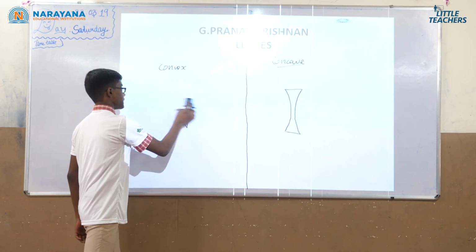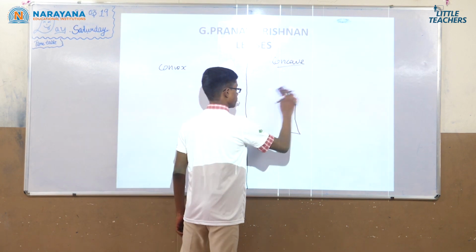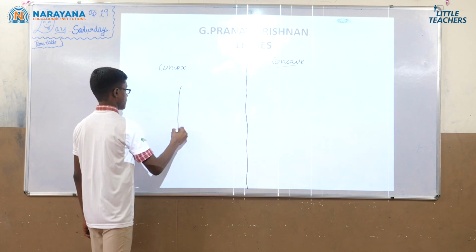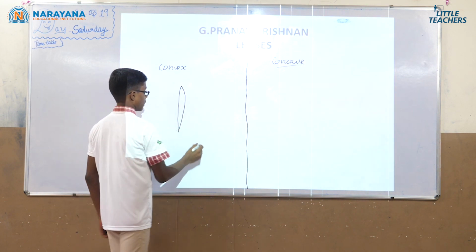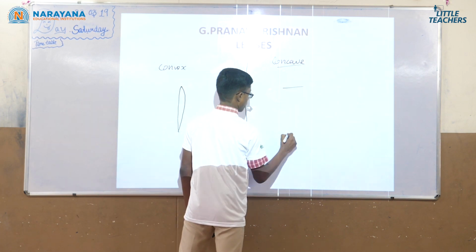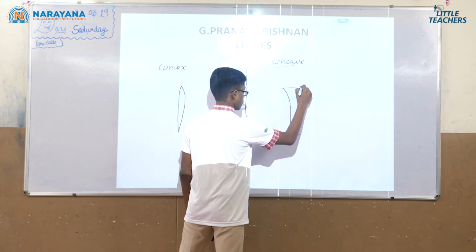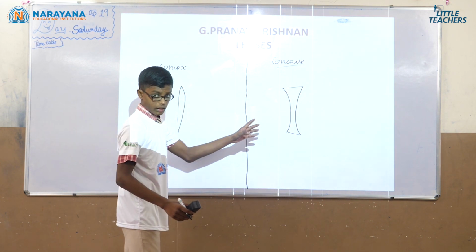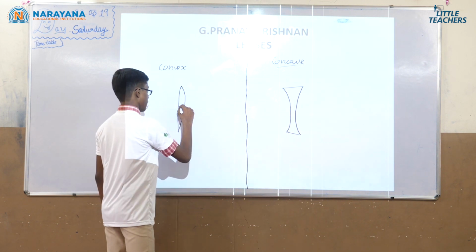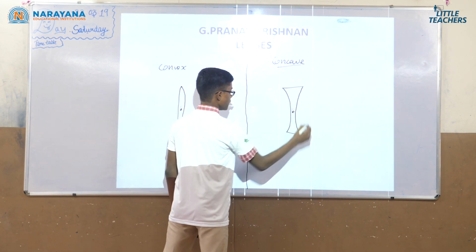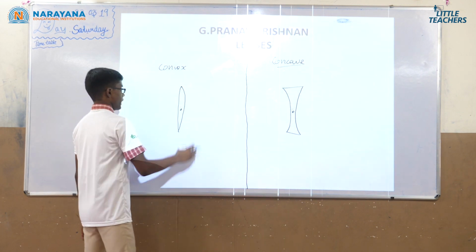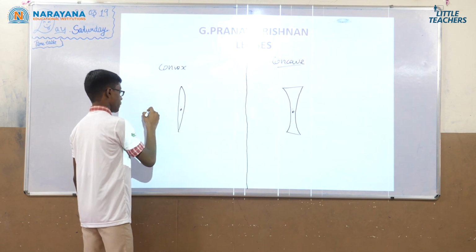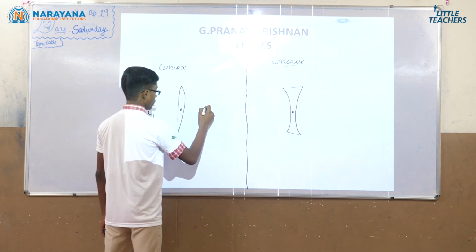So now let's go to the second subdivision, which is the terms related to lenses. Let's consider a convex lens again and a concave lens. Each lens has its own central point, which is called the optical center, and this optical center is denoted by O. Each spherical surface is a part of a sphere, so it has its own center: C1 for this and C2 for this.